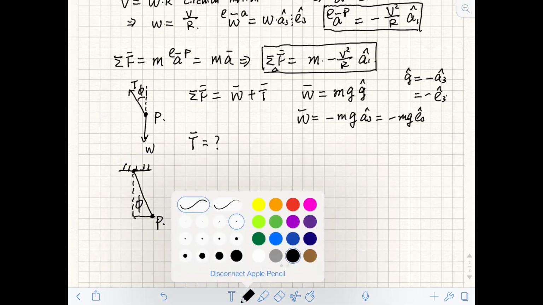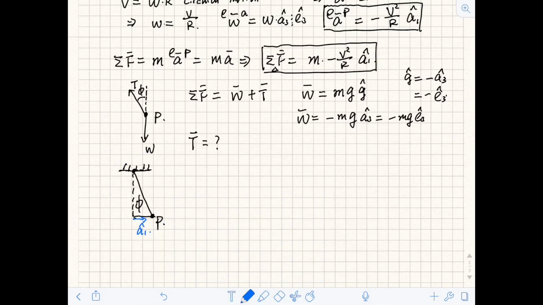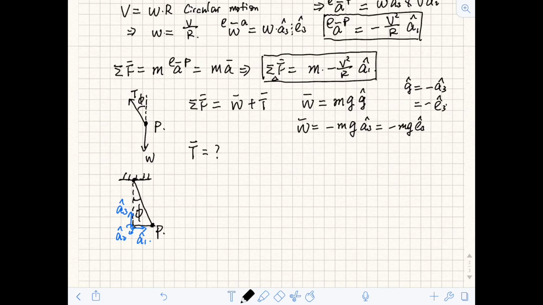So that we know this is always the A1 direction, and this will be the A3 direction, and A2 will be into the paper. Now we can start resolving the tension forces in the A1, A2, A3 frame.